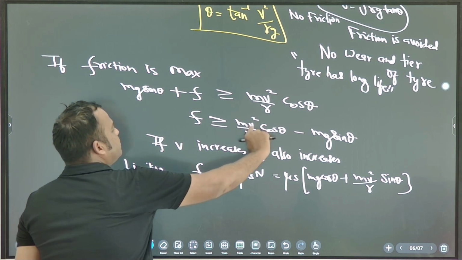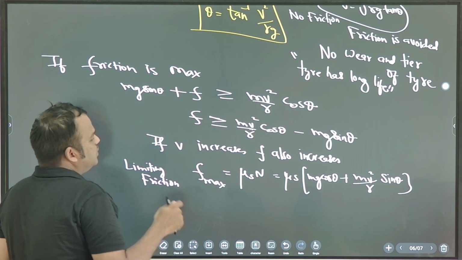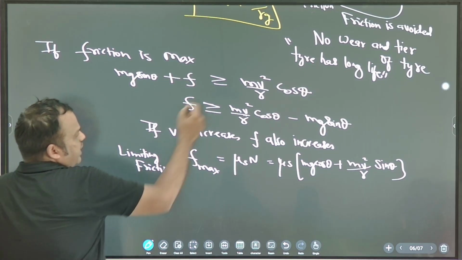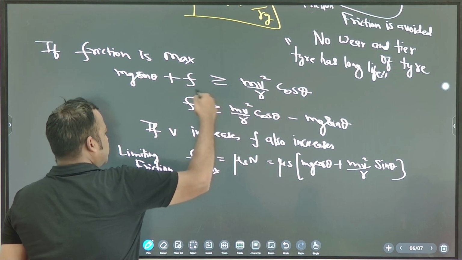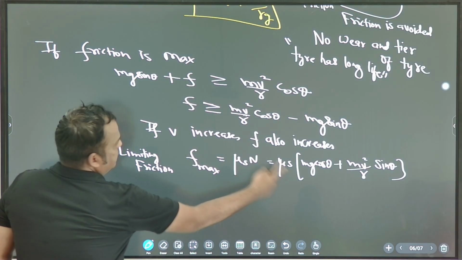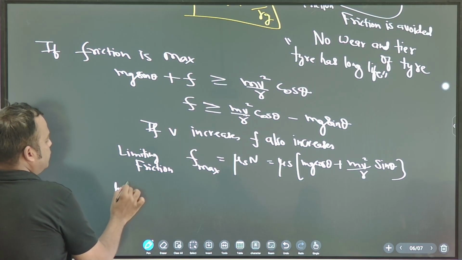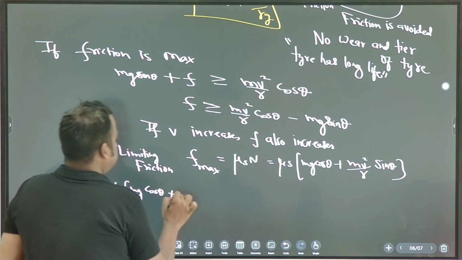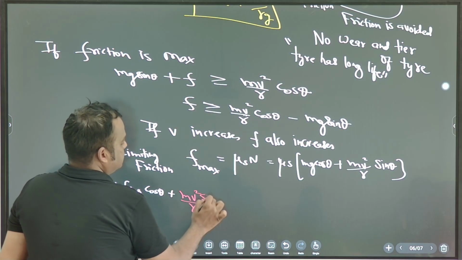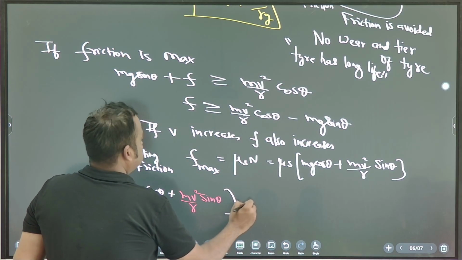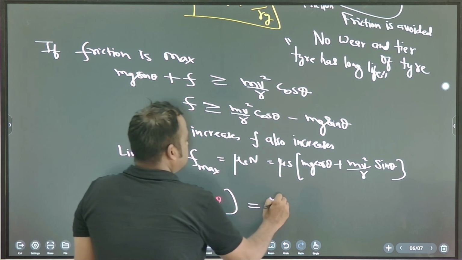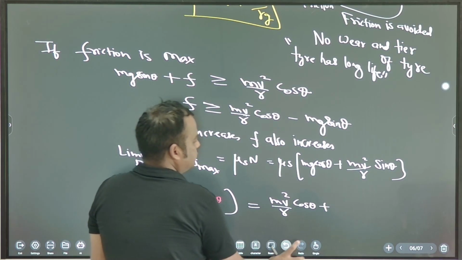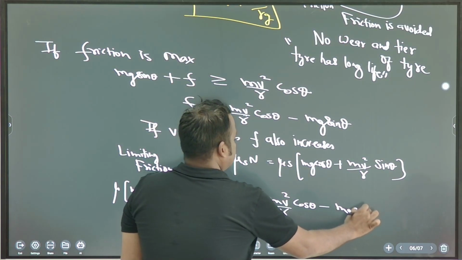So when you increase the speed, friction also increases, but limiting friction is this. So what is the maximum speed you can drive when friction is maximum? Put this here: mu mg cos theta plus mu mv square by r sin theta is equal to mv square by r cos theta minus mg sin theta.